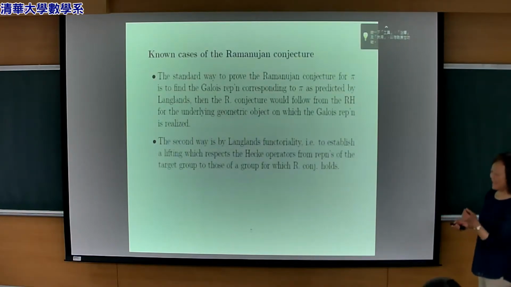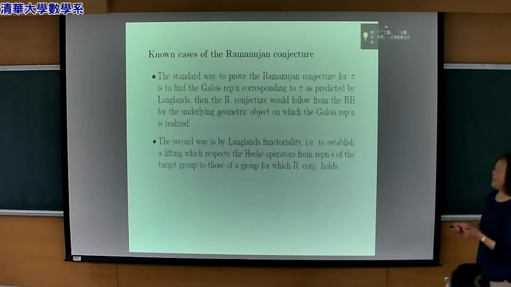Then I try to establish a correspondence from the representations of the first group to the representations of the second group, which respects the Hecke operators. This is called Langlands functoriality. If you can establish that, then you can piggyback on the fact that you already know that the Ramanujan conjecture holds for the second one, therefore it also holds for the first one.